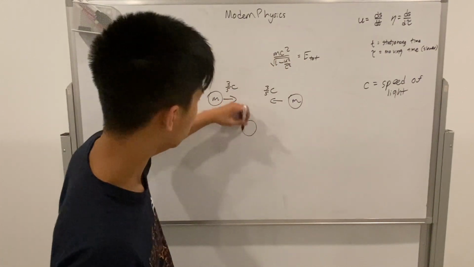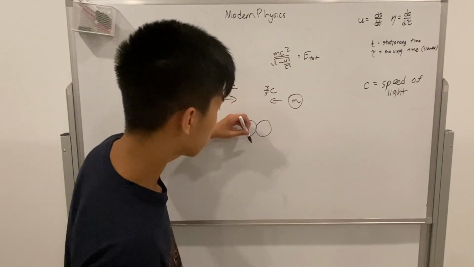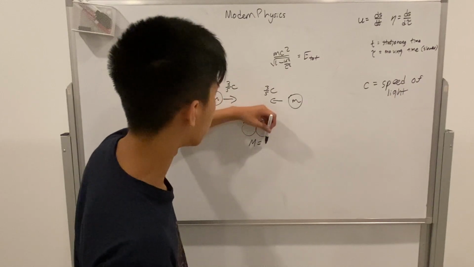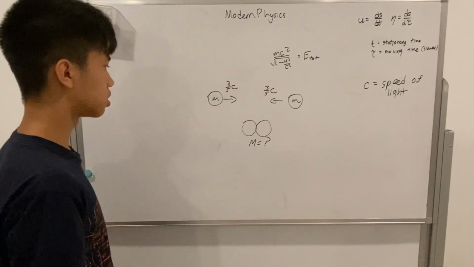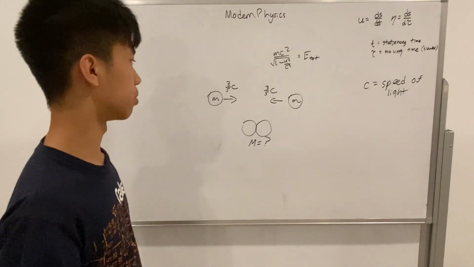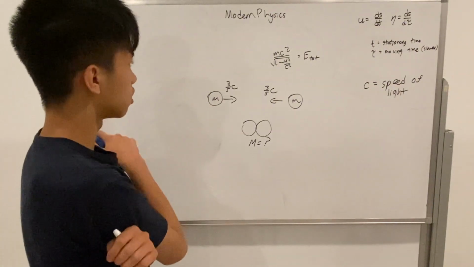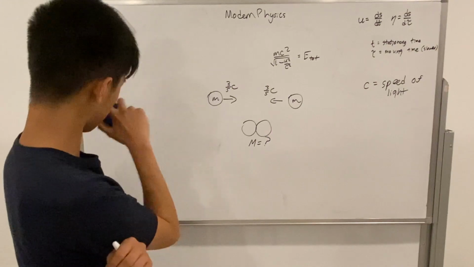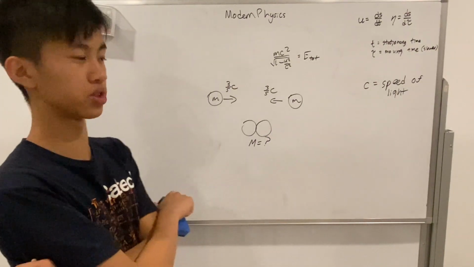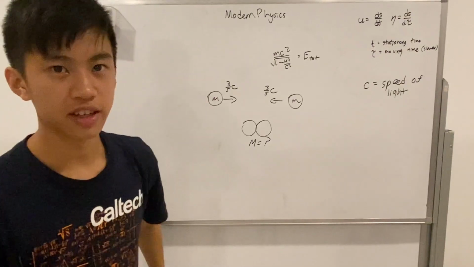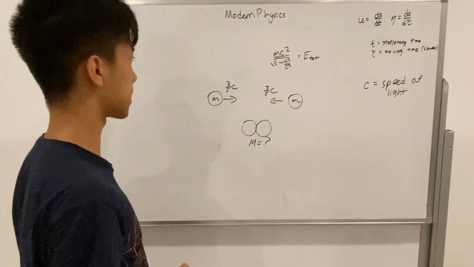And when they collide, they stick to each other and create a bigger mass M. My question is, what is the mass of the new lump in terms of m? Wouldn't it just be 2 little m? That's the logical answer, right? That's what classical mechanics tells us. Wrong. And I'll tell you why.